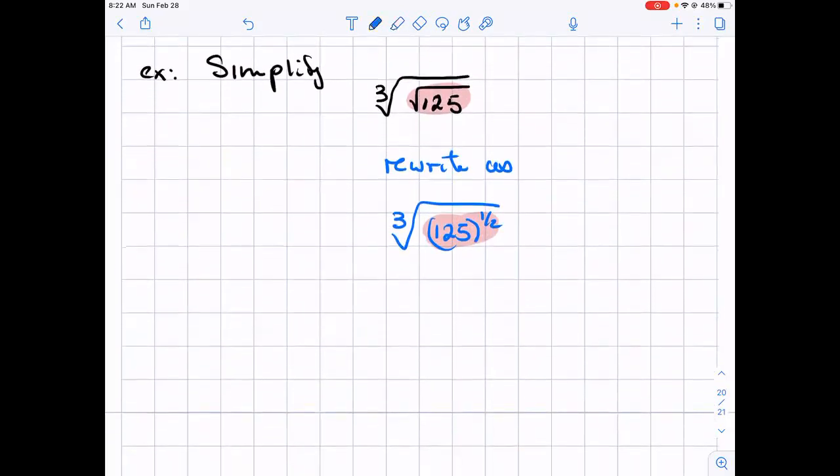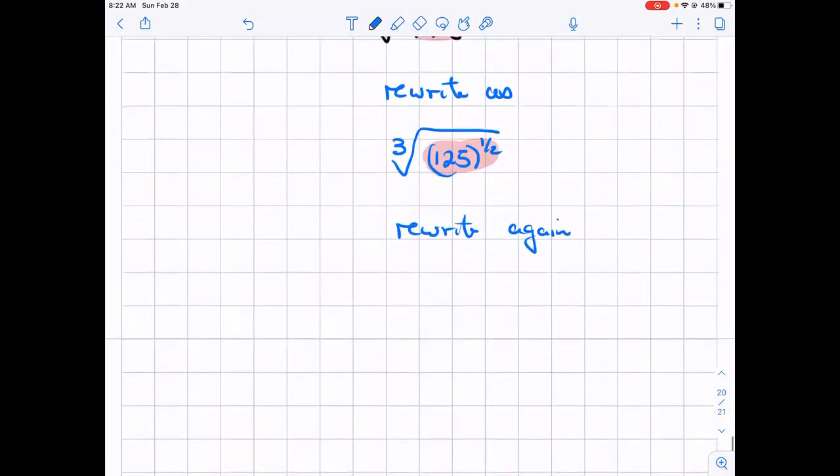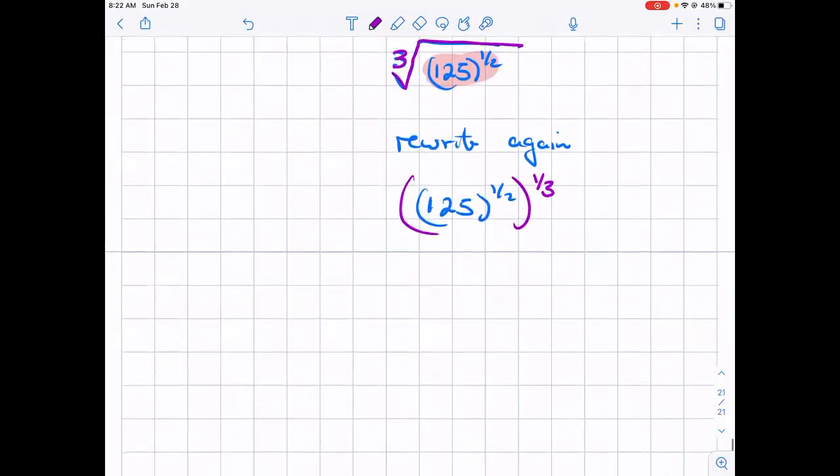And I can rewrite this again as 125 to the 1/2, but now everything to the 1/3, because this portion here, cube root, is 1/3 power.